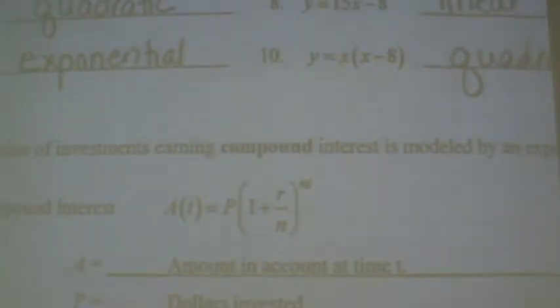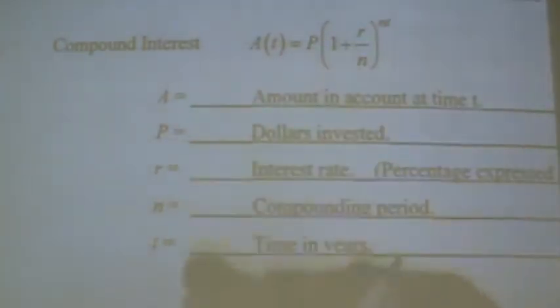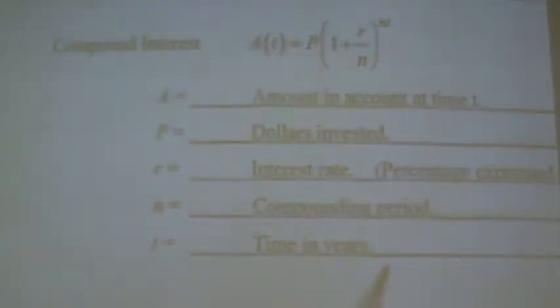All right, now, there are two formulas that apply to this exponential section. One is compounding interest. When you start putting money into a savings account, the bank is going to give you interest. They take your money and they give you a little bit back. What they do with your money is they use it to loan people money, and then they charge them a higher interest rate.